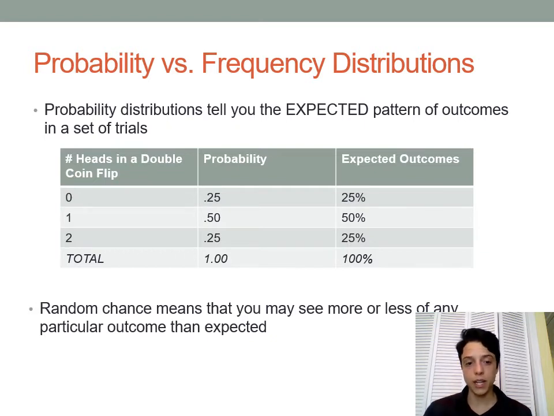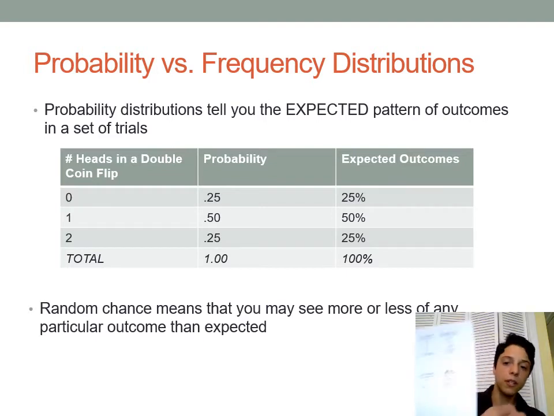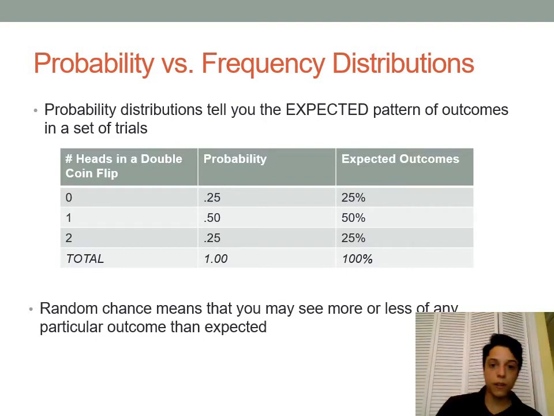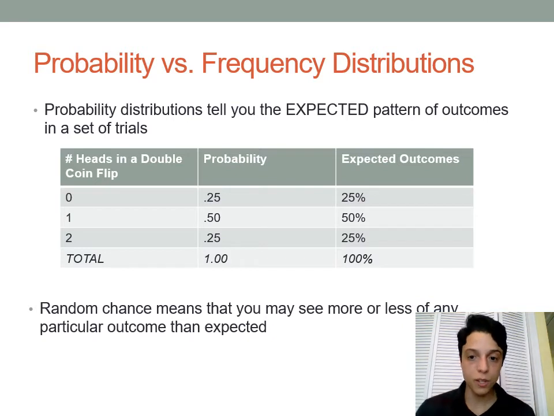But due to random chance, you just happen to flip a couple more heads than tails in your set of coin flips, and that means your actual frequency distribution can end up looking different than your expected distribution based on the probabilities.